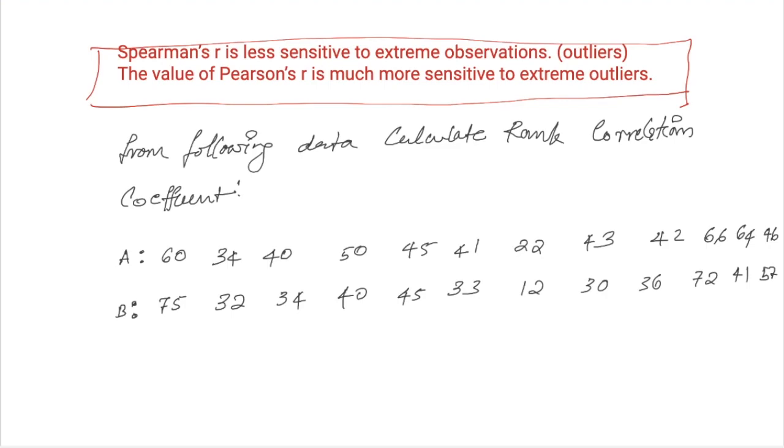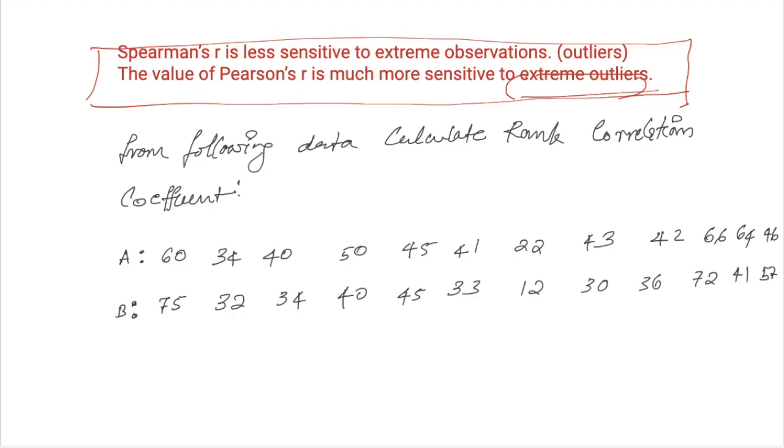What makes it different from Carl Pearson's coefficient of correlation is that Carl Pearson's correlation coefficient is sensitive to extreme values, or outliers. So if there is an outlier, or a value which is outside the normal course, it is going to affect Carl Pearson's correlation coefficient.